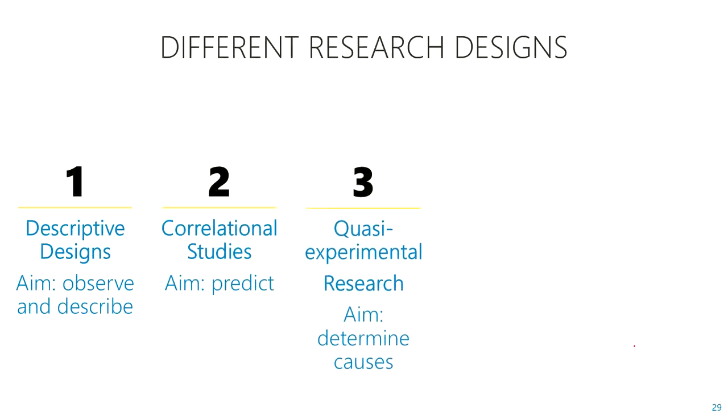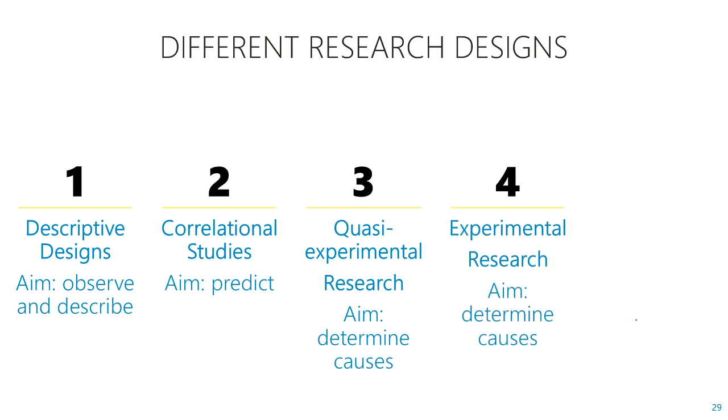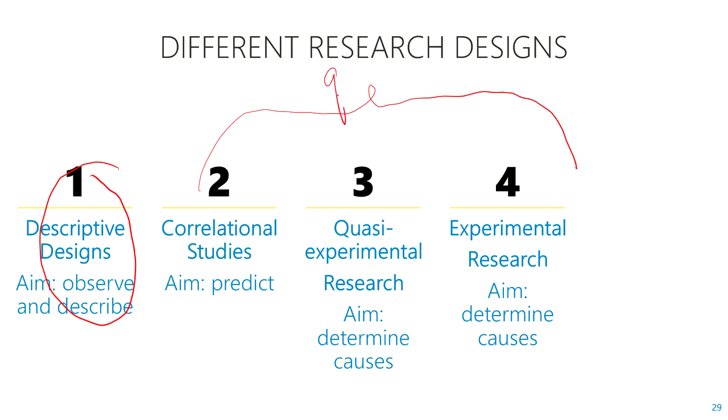Alright. So, when you were studying research 1, you were mainly talking about descriptive designs. Okay? So, ito, qualitative, purely. These are quantitative research designs.